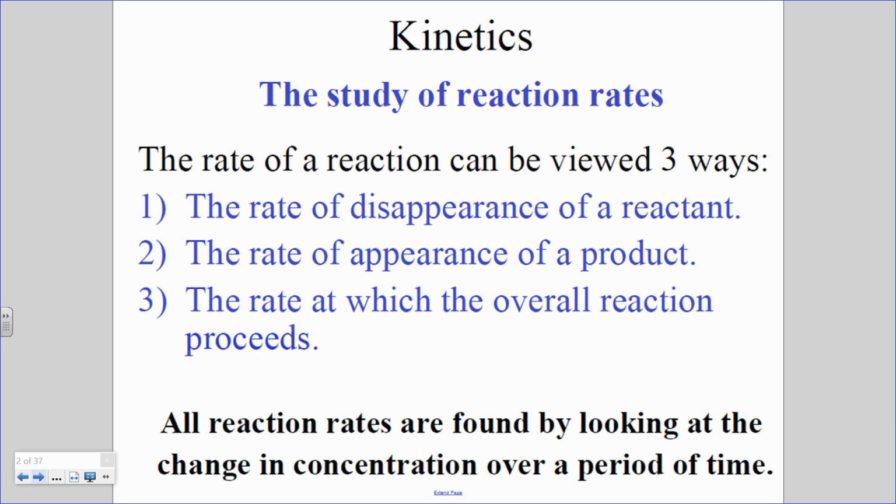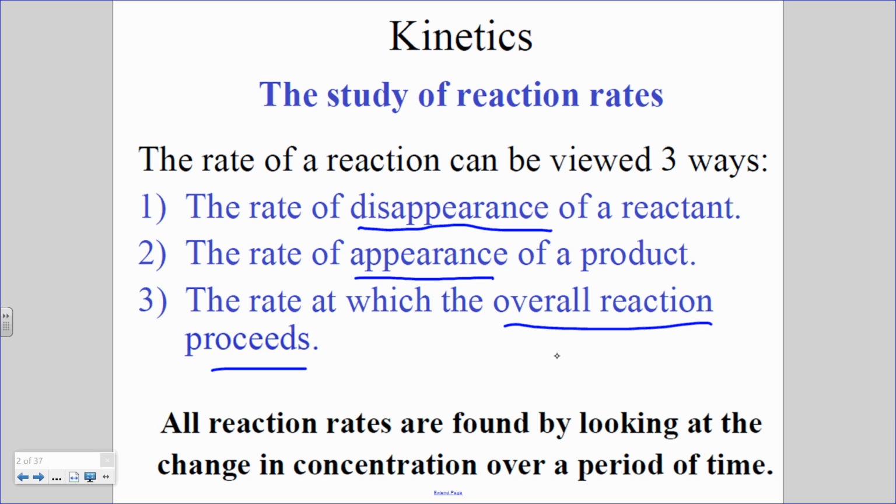We can talk about how fast a reactant disappears, how quickly a product appears, or the rate at which the overall reaction proceeds. Now, in order to do this, we are going to look at the change in concentration over a period of time.